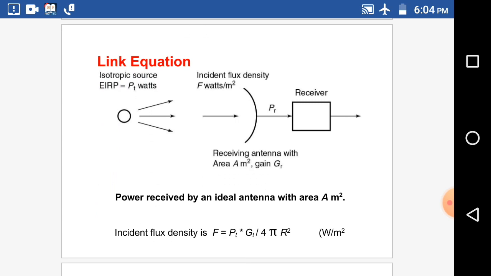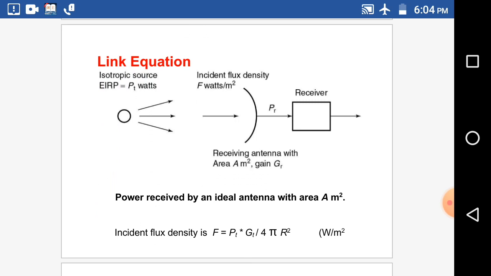Now let us start the link equation in a communication. Today we will see the general link equation between a transmitter and receiver, and after that we will calculate other formulas related to satellite communication. Consider a transmitting antenna that is a directional antenna. It radiates a power in a particular direction. That power is PT.